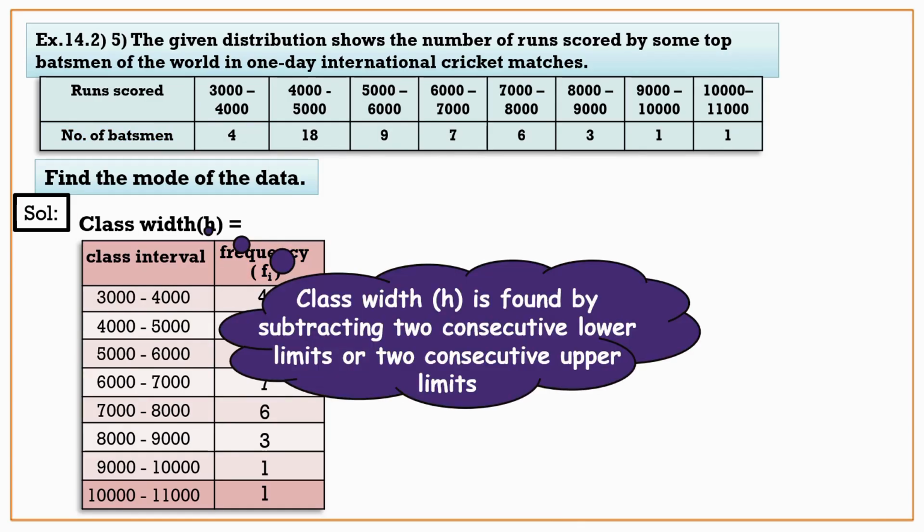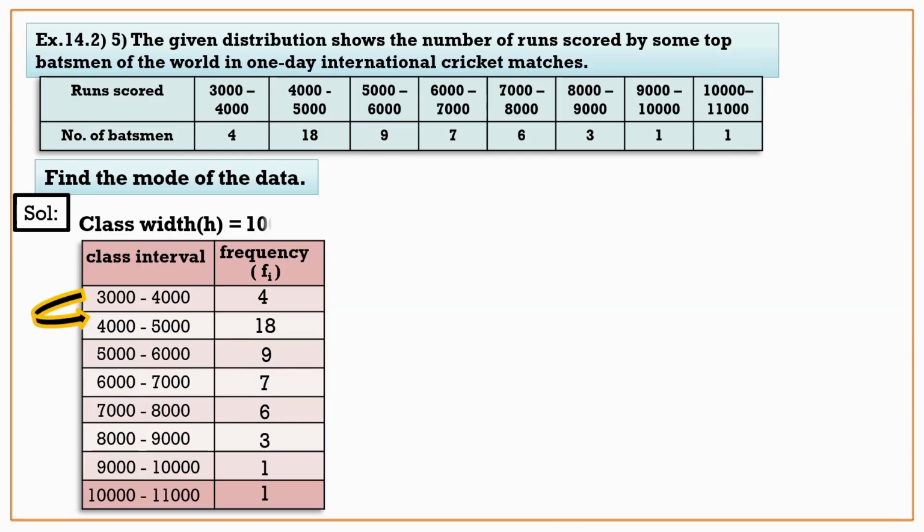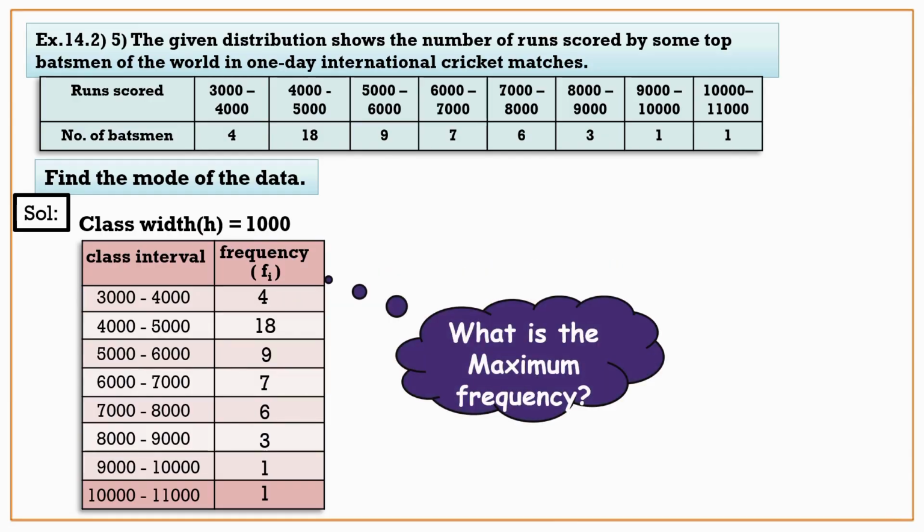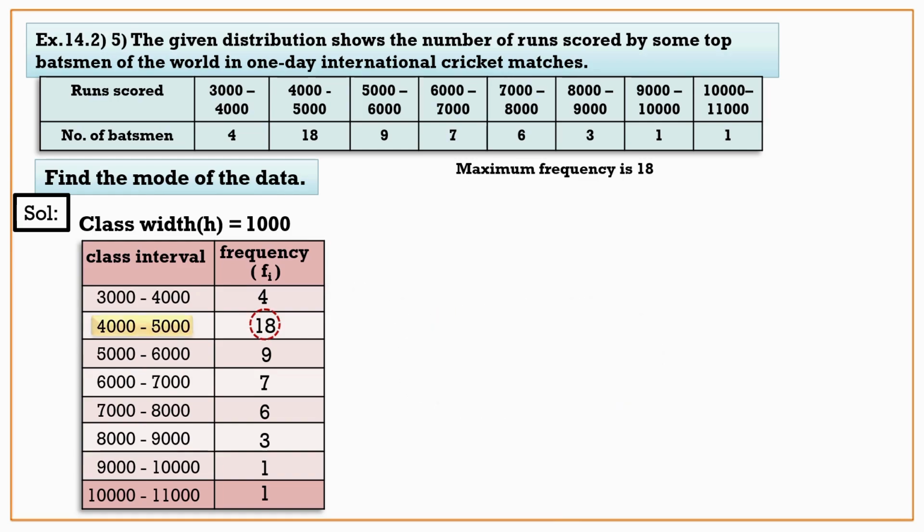Now let's find the class width. So class width, we know that is found by subtracting two consecutive lower limits or two consecutive upper limits. Okay. So let's find that. Now here we need to find the maximum frequency. So if you take a look, the maximum frequency is 18. So that will be the corresponding row which is having the maximum frequency.